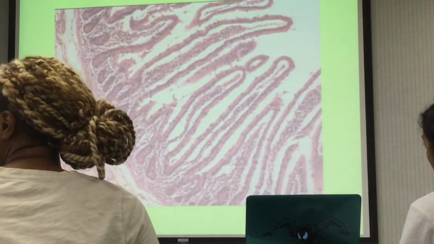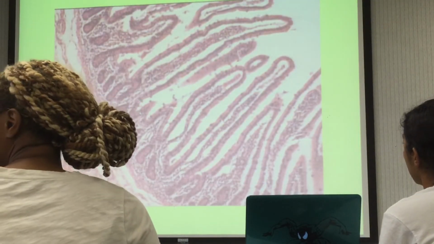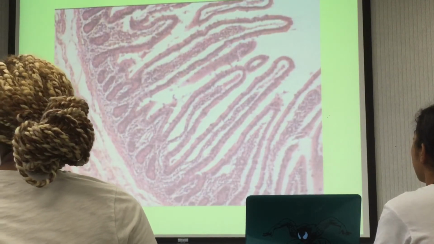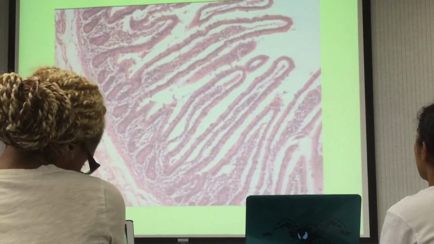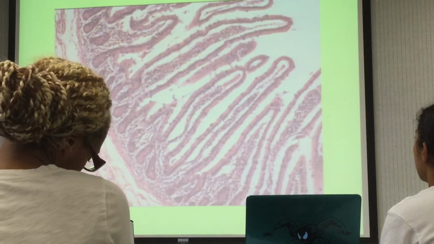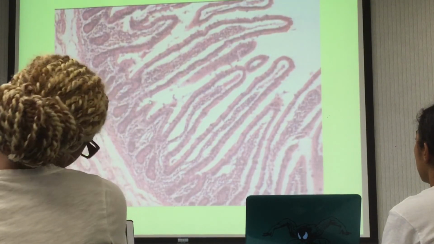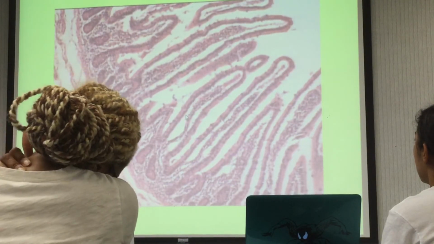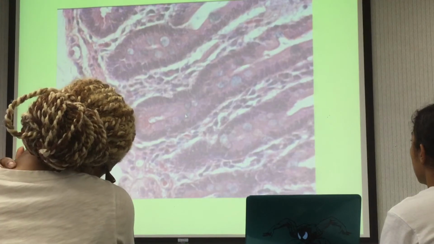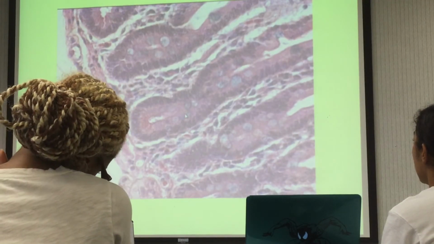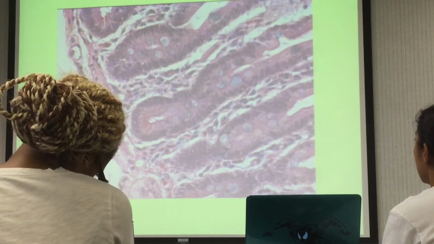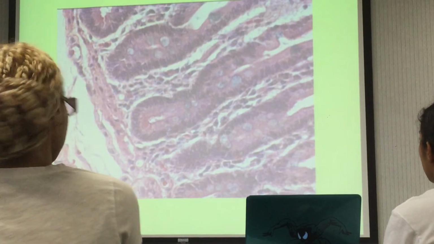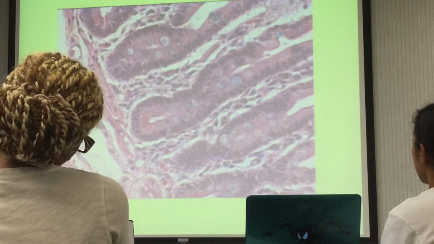So when you look at this, make sure you are able to recognize duodenum, jejunum, or ileum. The way the villi are in the jejunum, they're different than the way they are in the duodenum. They are like leaf-like projections. If you have to tell me whether this is duodenum, jejunum, or ileum: duodenum has submucosal glands.